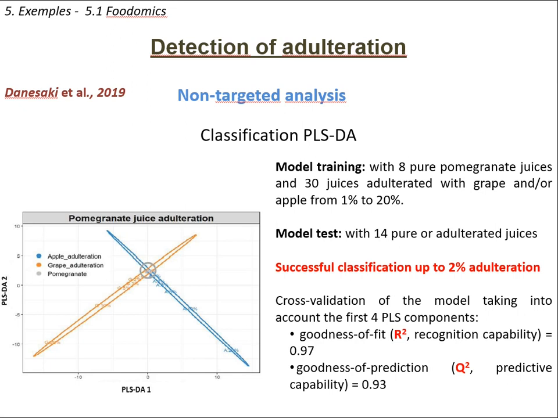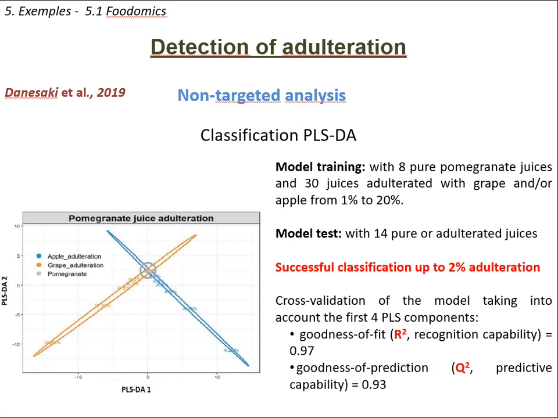And the model test was 14 pure or adulterated juices. You remember that you train your model and then you test it. And they could successfully classify up to 2% adulteration. So this automatic classification of the sample allows to distinguish pure juice and juices adulterated with only 2% of adulterant.